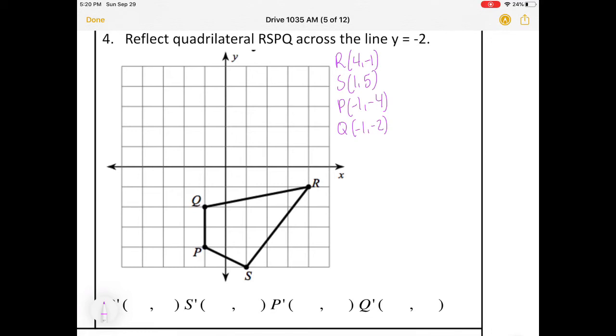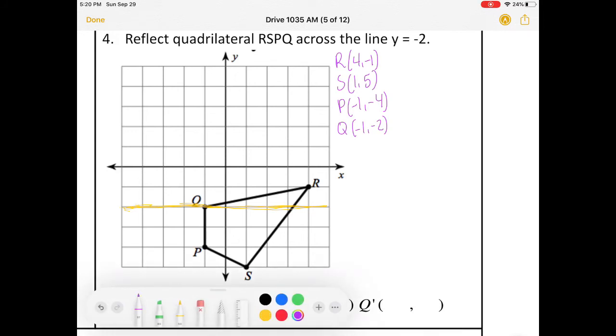All right, and I'm going to just show you over here, y equals negative 2. So y is our up or down, right? Negative 2 is down here. So this is the line we're reflecting it across, all right?